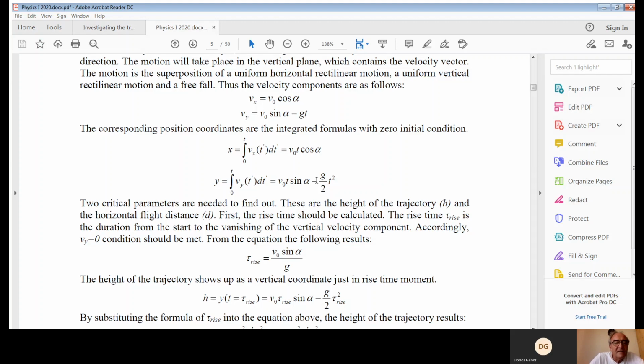So ultimately, this is the vector scalar function. Two critical parameters need to be found. This is what I said, the h and the d parameters. First, the rise time should be calculated. The rise time is the duration from the start to the vanishing of the vertical velocity component.